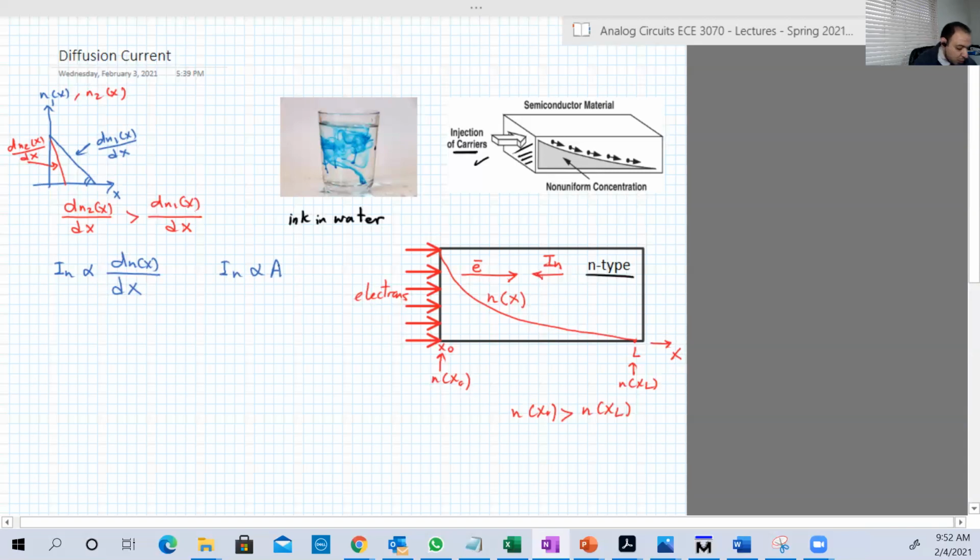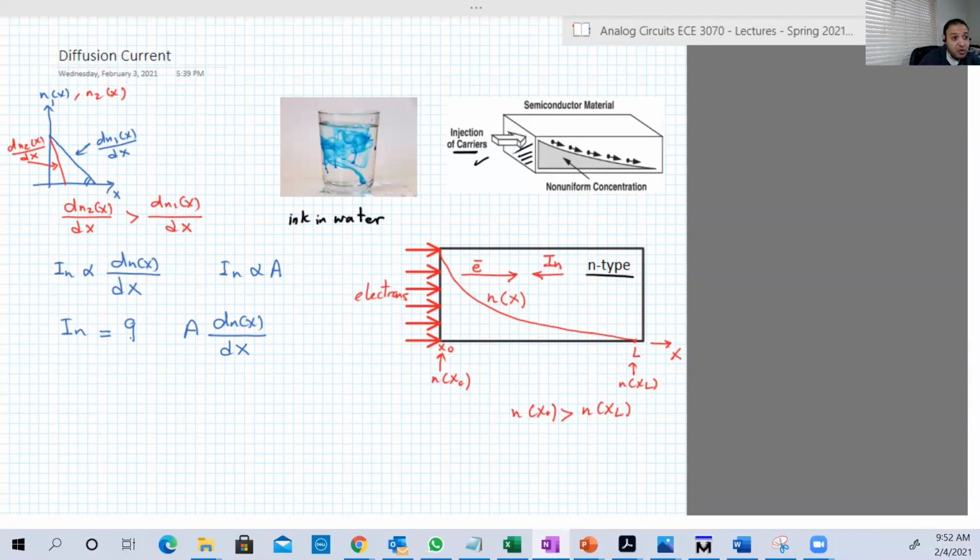Okay, so basically In, because we are talking about any sample now, is equal to some constant multiplied by A multiplied by dN of X by dx. We are talking about the amount of charge, so we must include Q, the charge of an electron, which is 1.6 times 10 to the power minus 19.